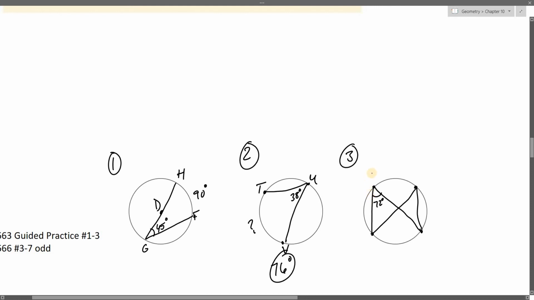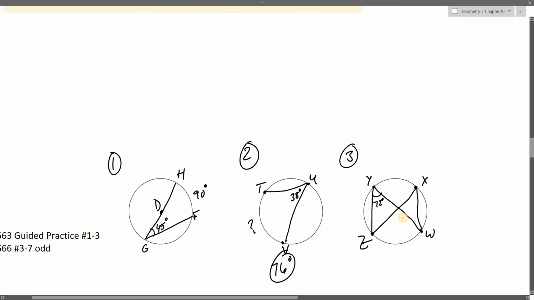Now this is YXWZ. Nope, YXZW. Yeah, I got it. It says find the measure of the red arc or red angle. It seems to be this line right here that it's looking for.